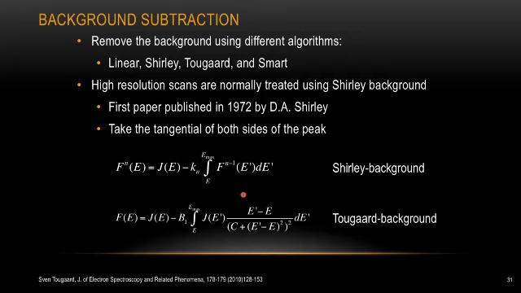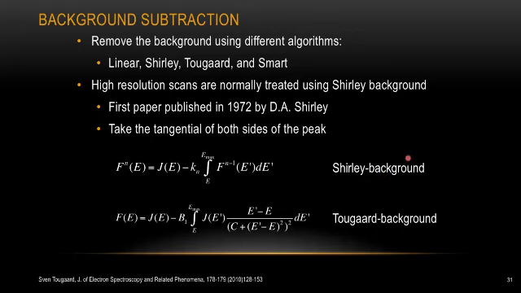That's why the Tougaard background subtraction is usually slightly more accurate. But it requires a minimum scanning range of about 50 eV. So most of the time for high resolution data, we're still using the Shirley background subtraction for the data analysis.